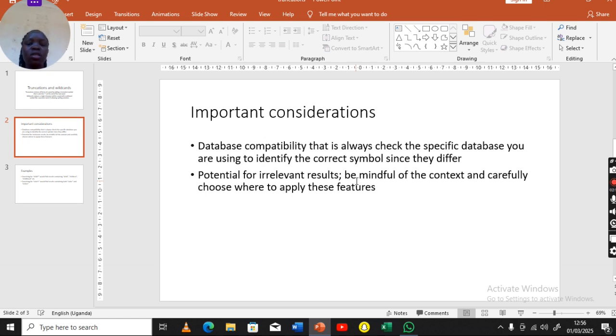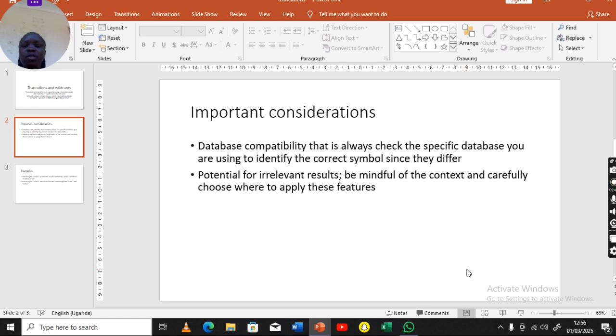They're trying to mean that not all symbols can apply in your truncations or wildcards. And also, you should identify the potential for irrelevant results, be mindful of the context, and carefully choose where to apply these features.